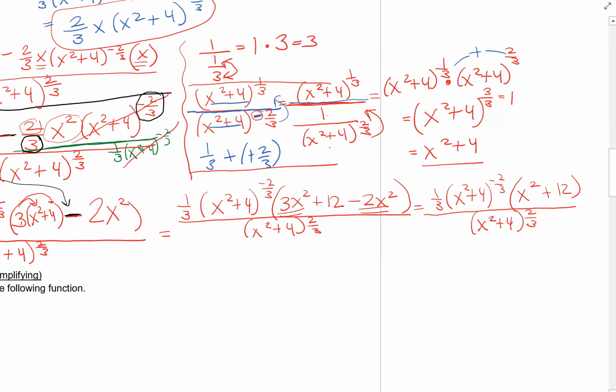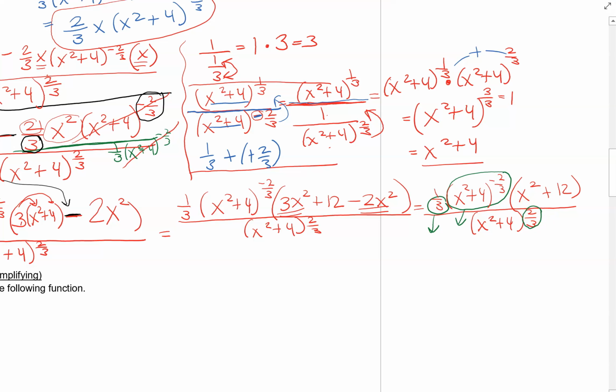Then what I can do is bring down these things to the denominator. So the 3 is going to go into the denominator, and the x squared plus 4 to the negative 2/3 will be brought down to the denominator as well, and that power will become positive, and then it will add to the 2/3 that's already down there.